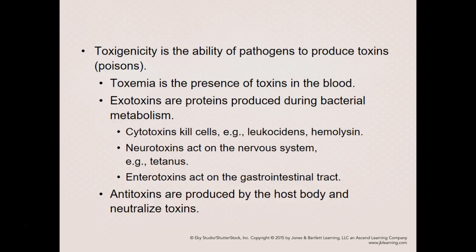So gram-positive bacteria have a special type of toxins called exotoxins. Exotoxins are released from the cell through exocytosis. And when they enter the blood, they can cause all kinds of different types of problems depending on the type of toxin it is.